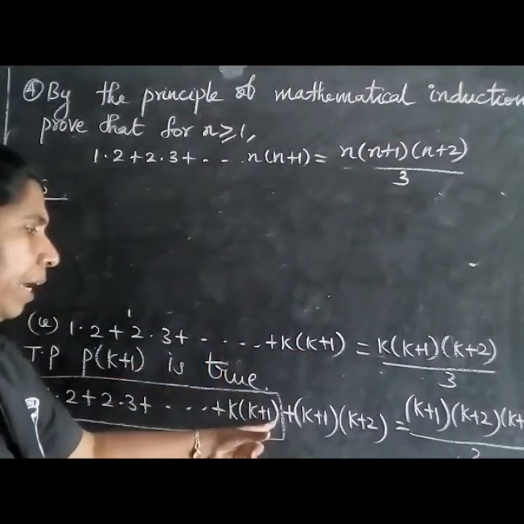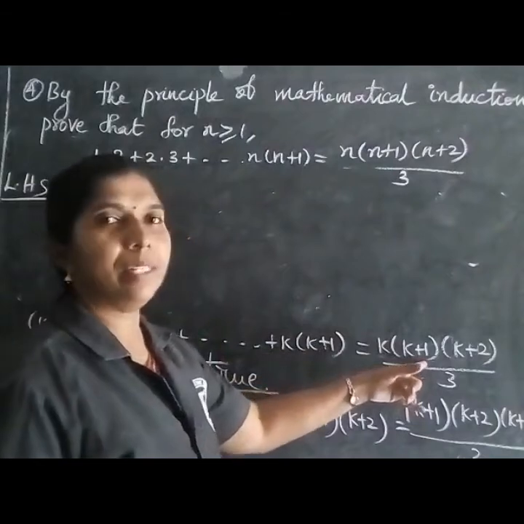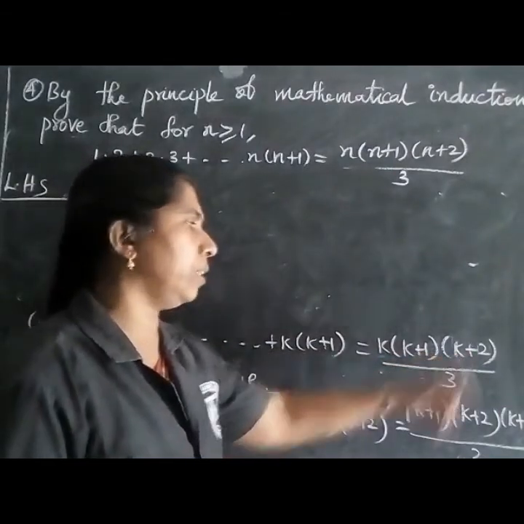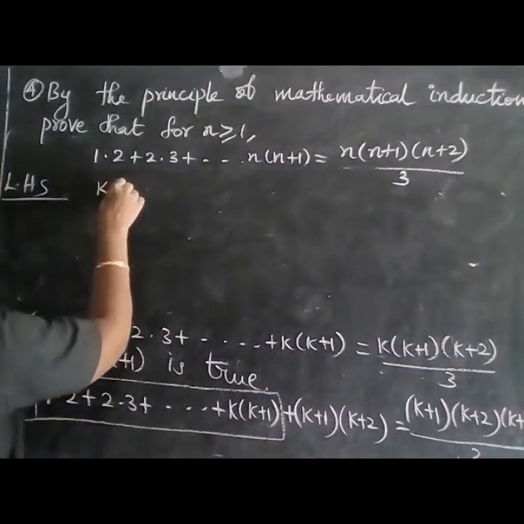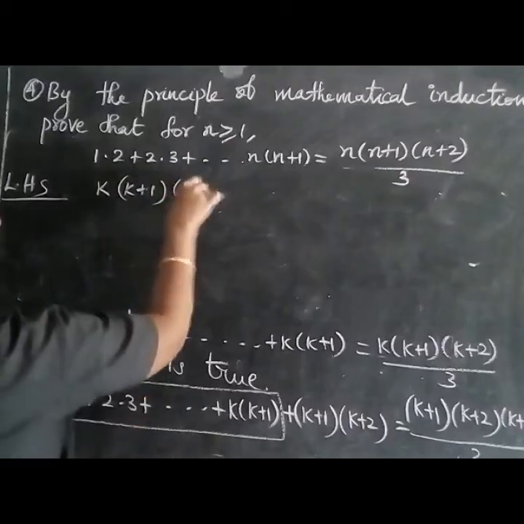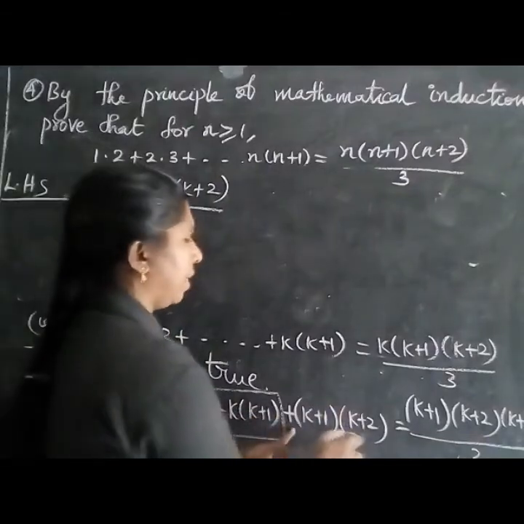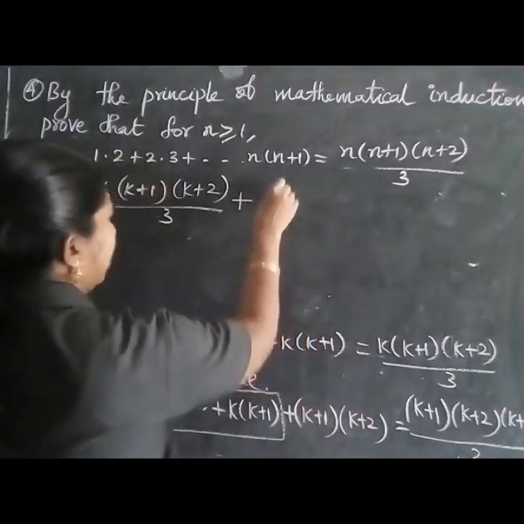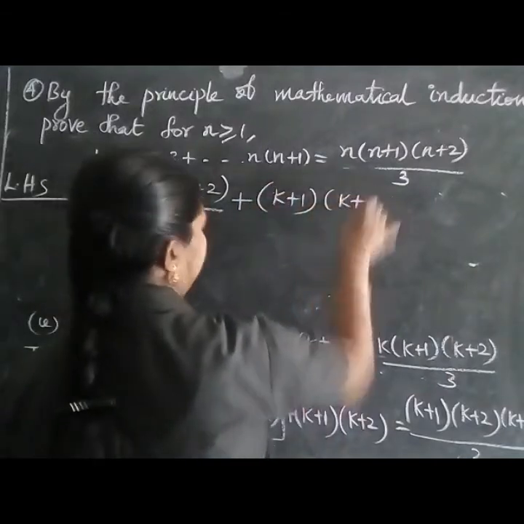P of k is equal to the right side value, what is given, k into k plus 1 into k plus 2 divided by 3. So k into k plus 1 into k plus 2 divided by 3. The next one we are having extra, plus k plus 1 and k plus 2.